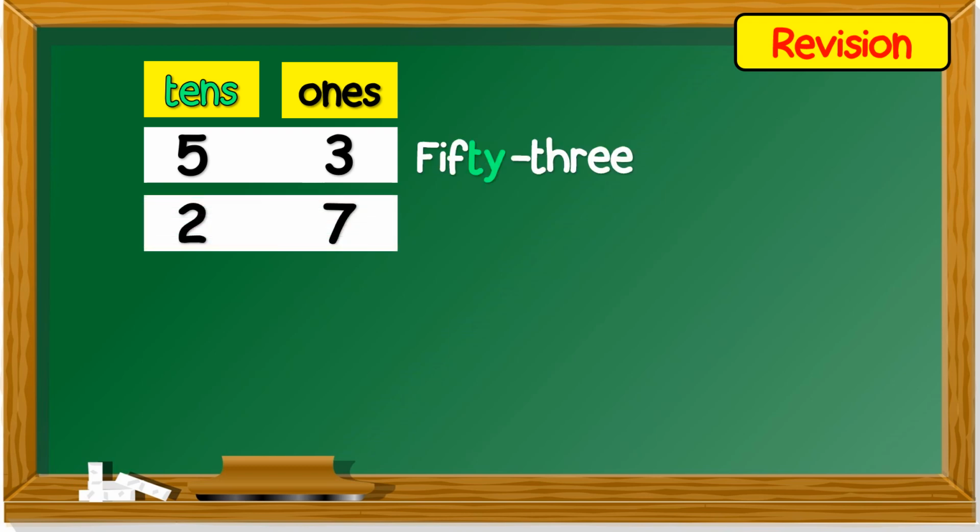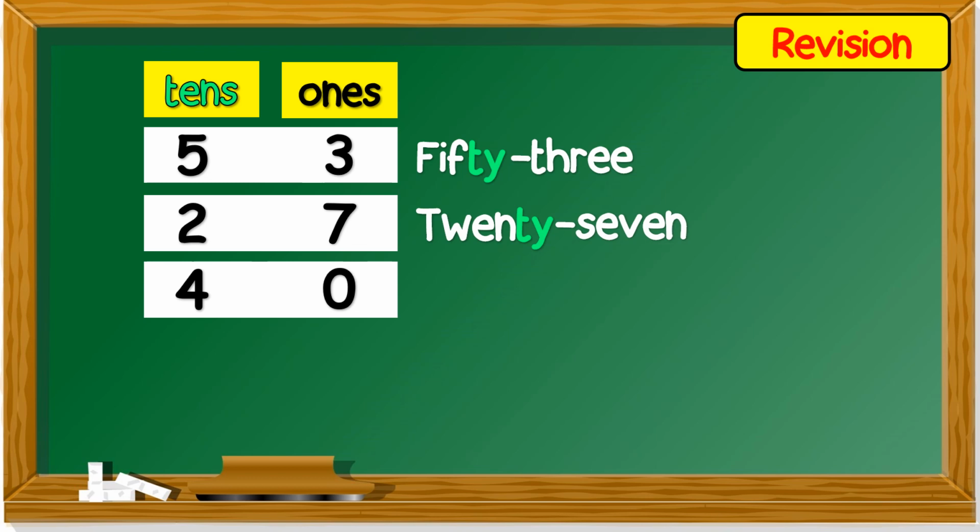Example number 2, 2 in tens and 7 in ones. 2 is 20 and 7 in ones, 7, so it's 27. Example number 3, 4 in tens, 0 in ones.